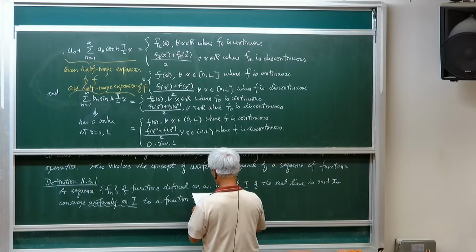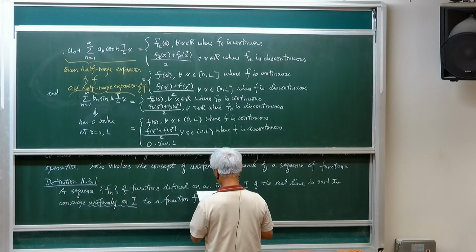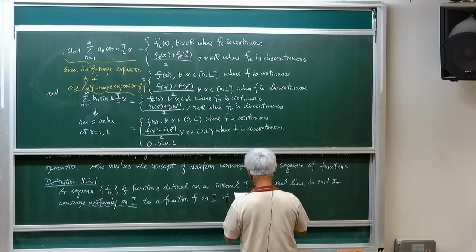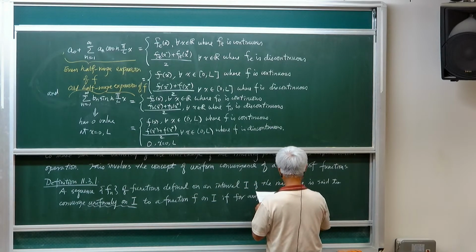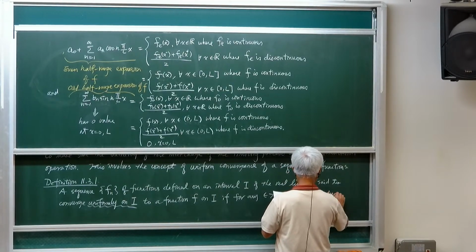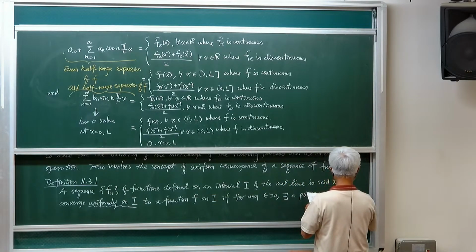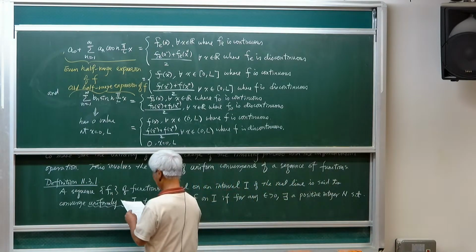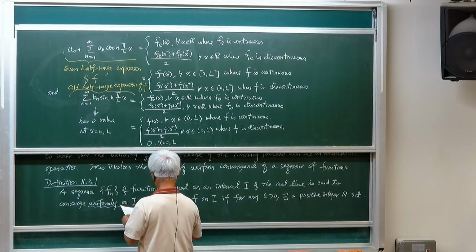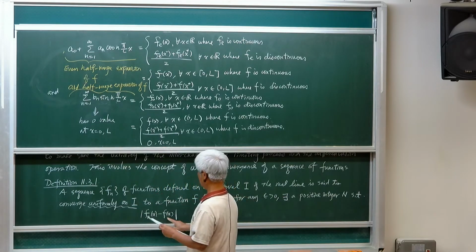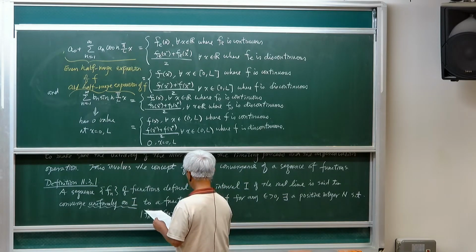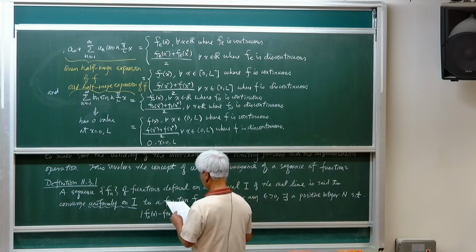if for any epsilon greater than 0 there exists a positive integer capital N such that you evaluate the distance of f sub n and f, and it is less than epsilon.